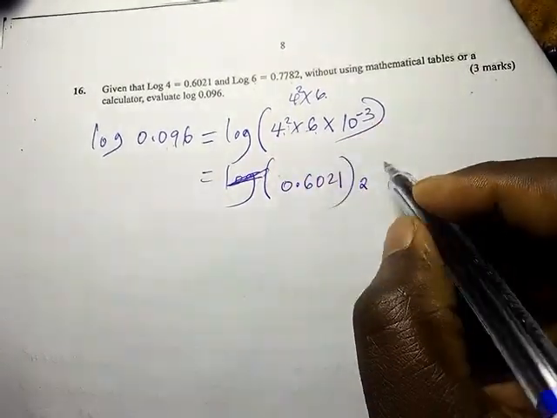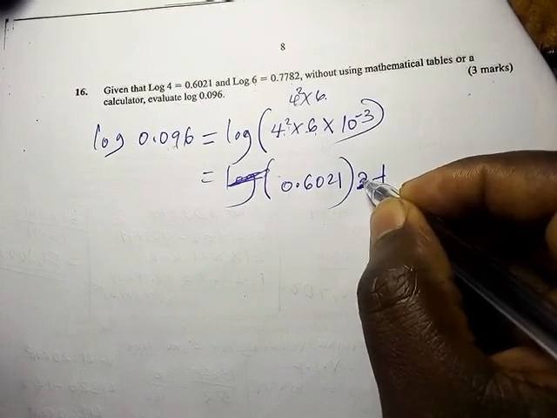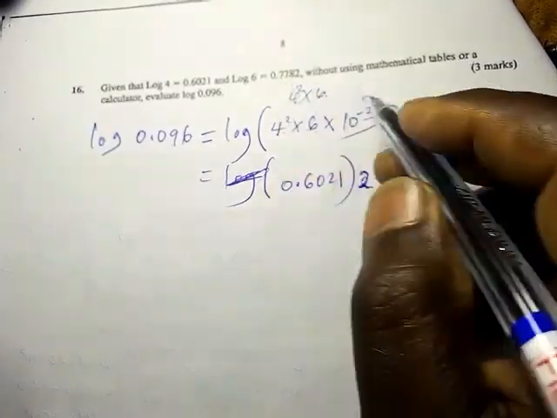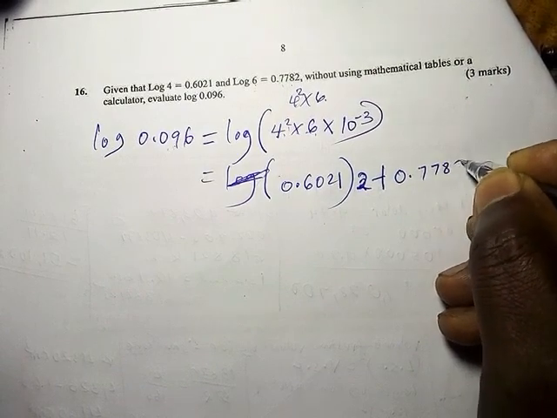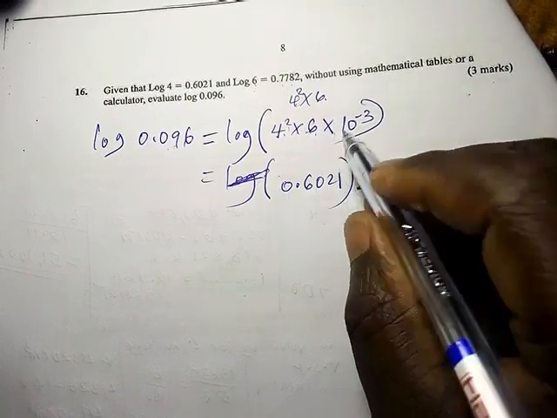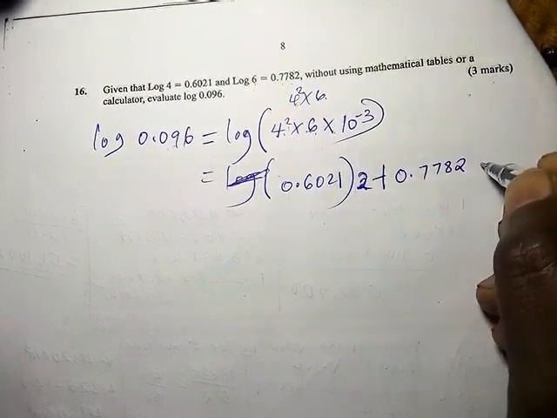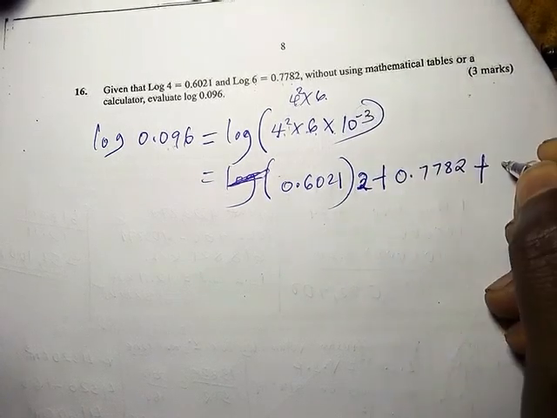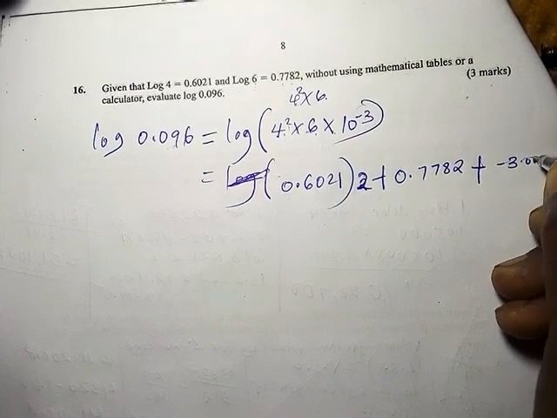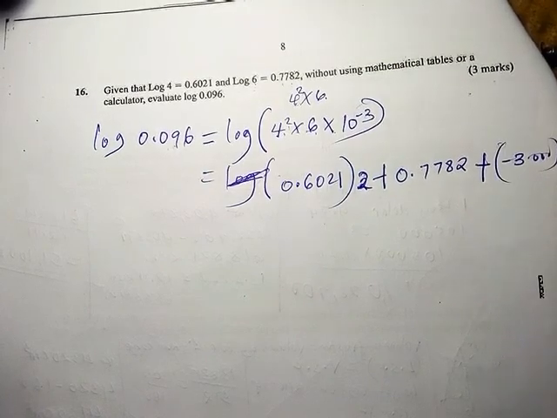And then multiplication means you add the log of 6, which is 0.7782, and then the 10 to the power, you add the power. The power is negative 3.